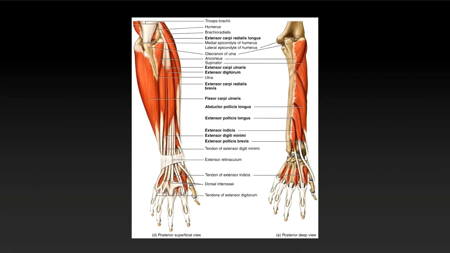Now, I'm switching images. This is looking at the back, but still technically in the anterior compartment is the Flexor Carpi Ulnaris. It's technically in the anterior compartment.